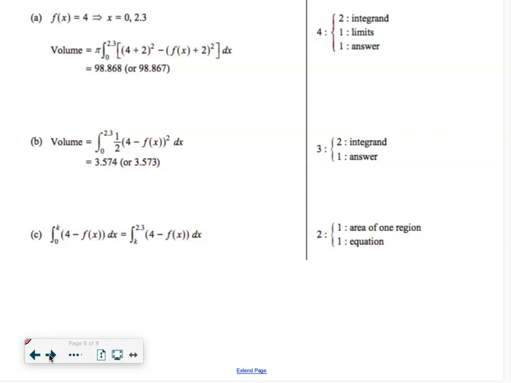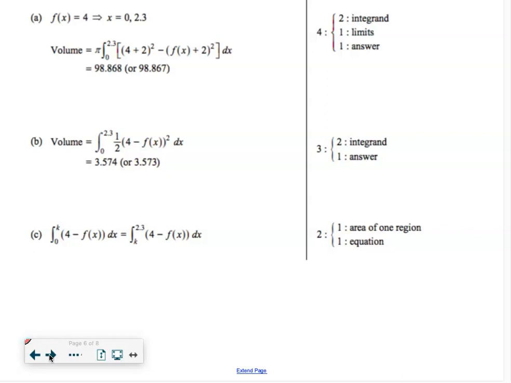So pi integral 0 to 2.3, 4 minus -2 squared minus f of x minus -2 squared dx. 2 points for the integrand, 1 point for the limits, 1 point for the answer, right? So 98.867 or 98.868. If there's more than one answer they'll accept, they always show you both. So good.